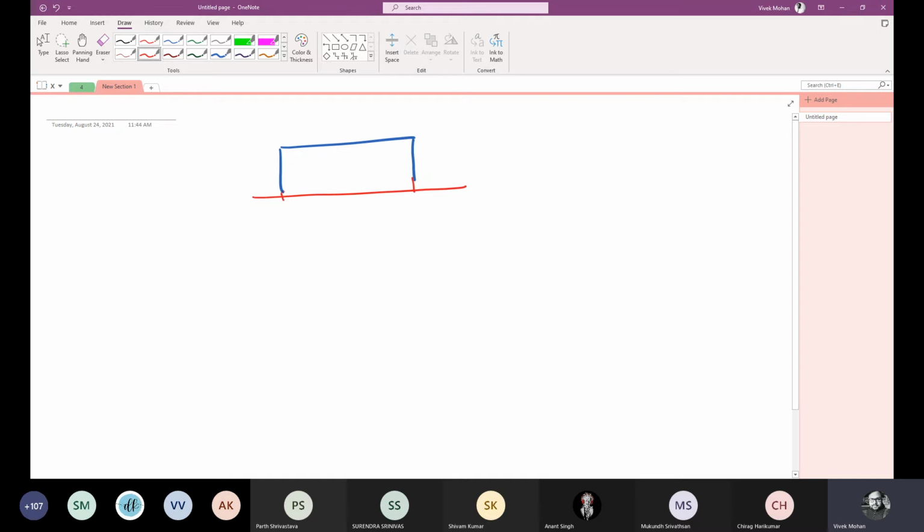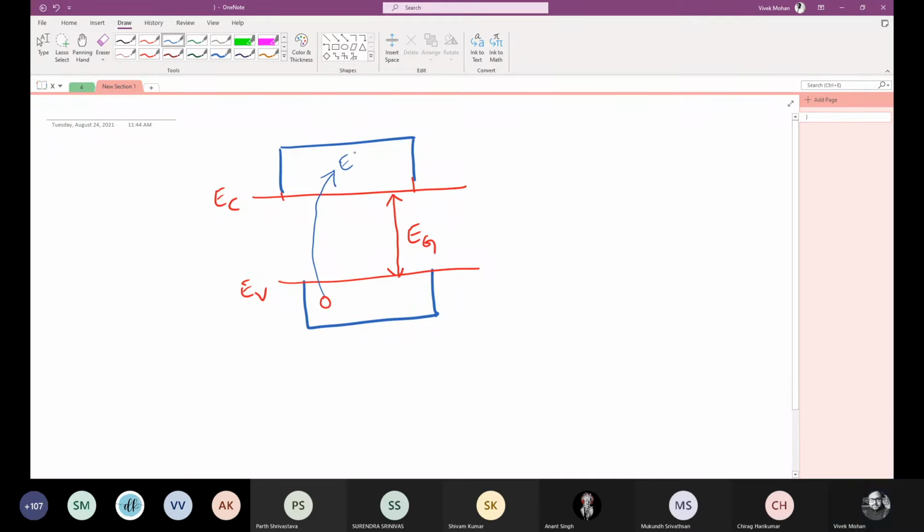Here I represent EC, and here EV. This difference is the energy gap, EG. If the electron jumps to another energy level, it attains an energy EF from an initial energy level EI, and EF minus EI equals hf.